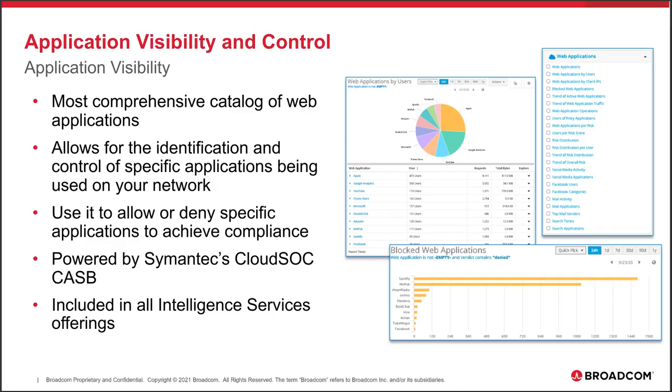As you can see here, you can generate some really powerful reports. You can quickly see what applications are on your network. You can block applications and see which ones are trying to be used on your network. And then you can twist and combine this with all the other ones. So you can say, I'll allow this specific app as long as it doesn't have any pornography on it, or vice versa.